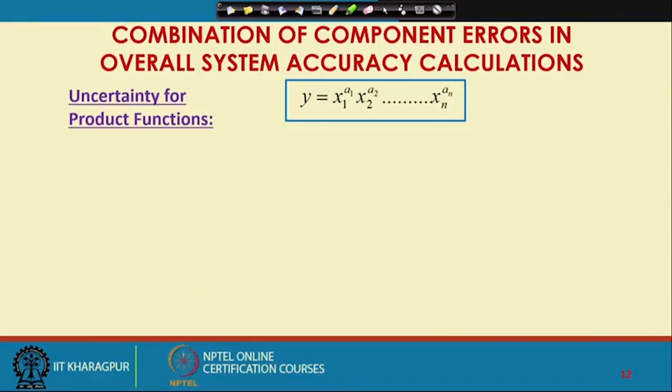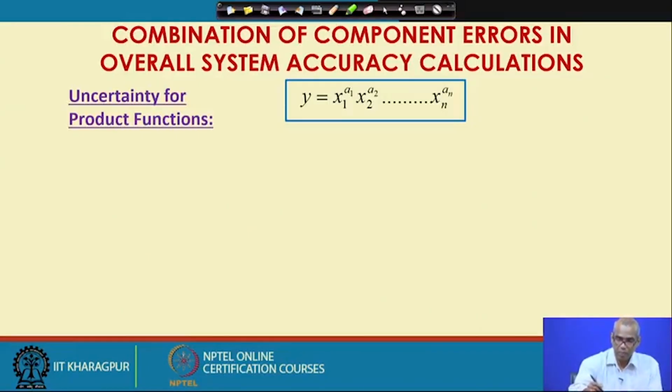This concept can be used for various functional forms between y and x. Say we are computing the combinations of component errors in overall system accuracy calculations for a product function.